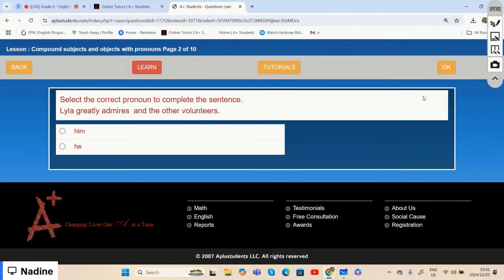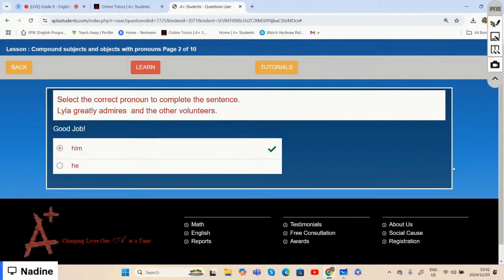And if we were to choose our correct option, we'll say Lila greatly admires him and the other volunteers.